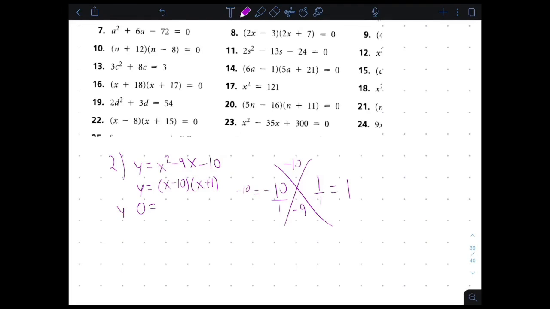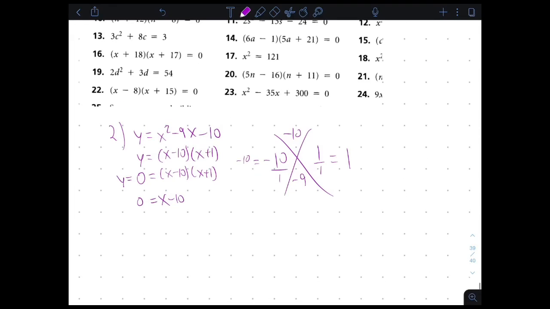If y is equal to 0, then we have these factors, which are the quadratic, and to solve this, you did it one at a time. X minus 10 equals 0, so x equals 10. X plus 1 equals 0, so x equals negative 1.